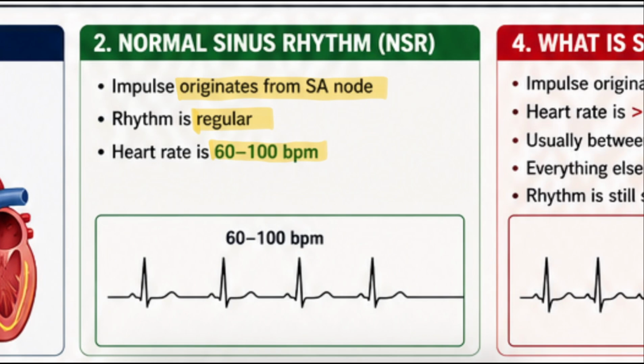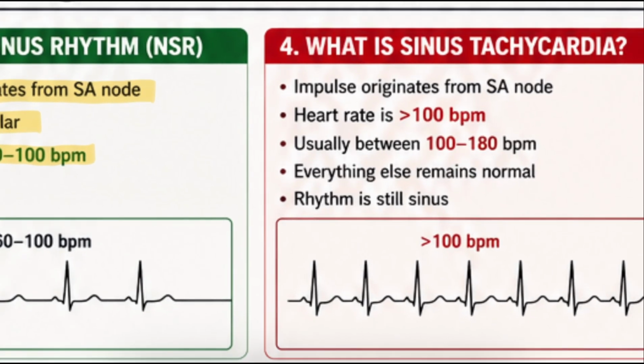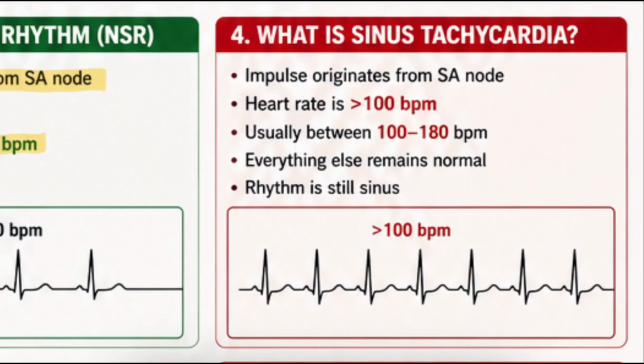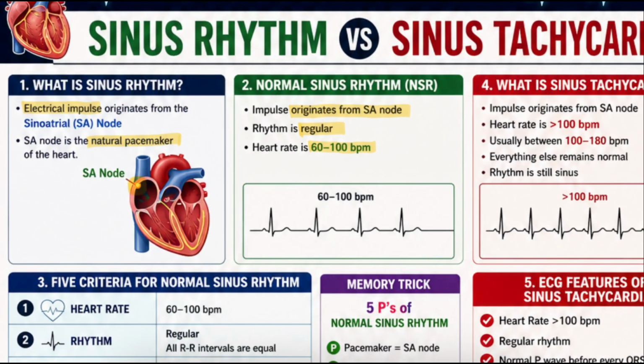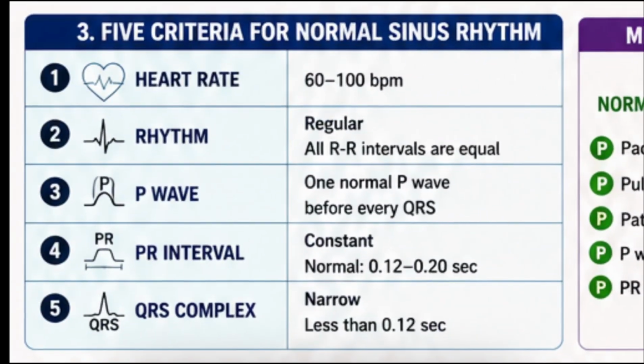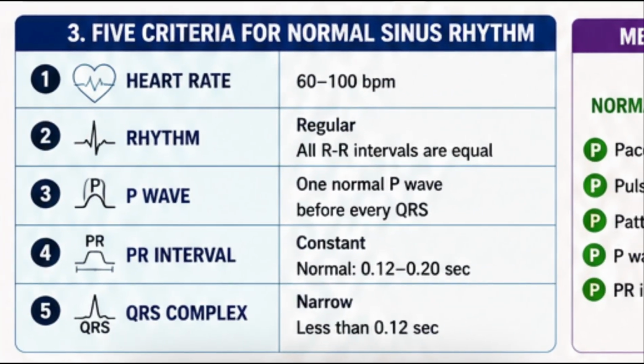That is normal sinus rhythm. We have five criteria to find normal sinus rhythm. Every ECG you interpret should satisfy these five criteria.